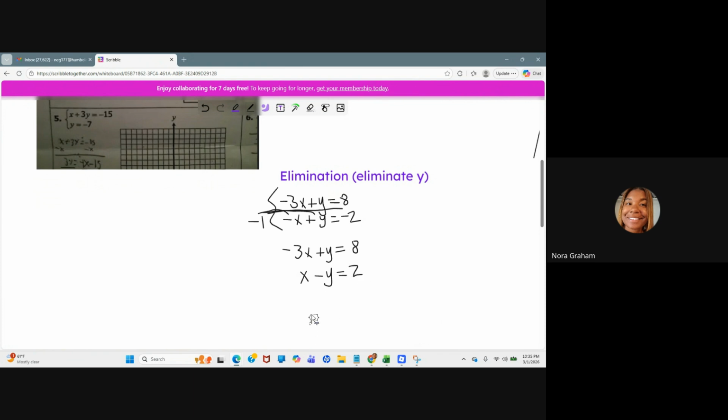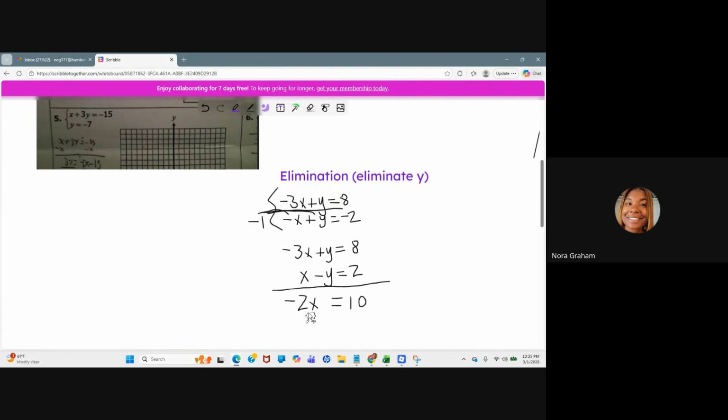Okay. Now I'm safe to go ahead and go down and subtract these equations. -3 plus 1, that's going to be -2x. Those y's cancel out. That's just 0. I'm going to leave that alone and not write that 0 there. This is going to become 8 plus 2, which is 10.